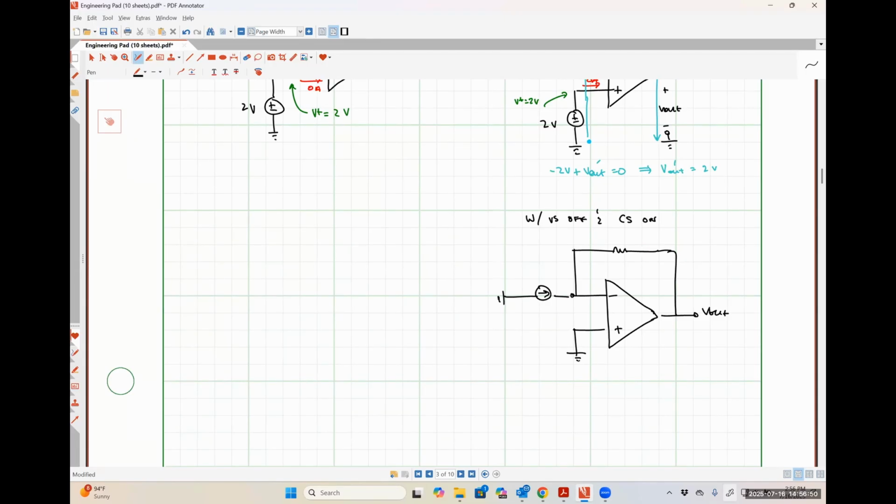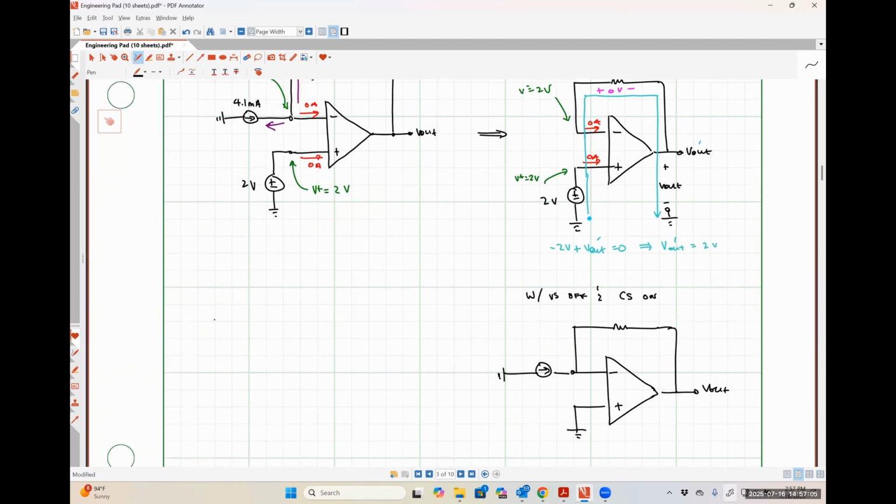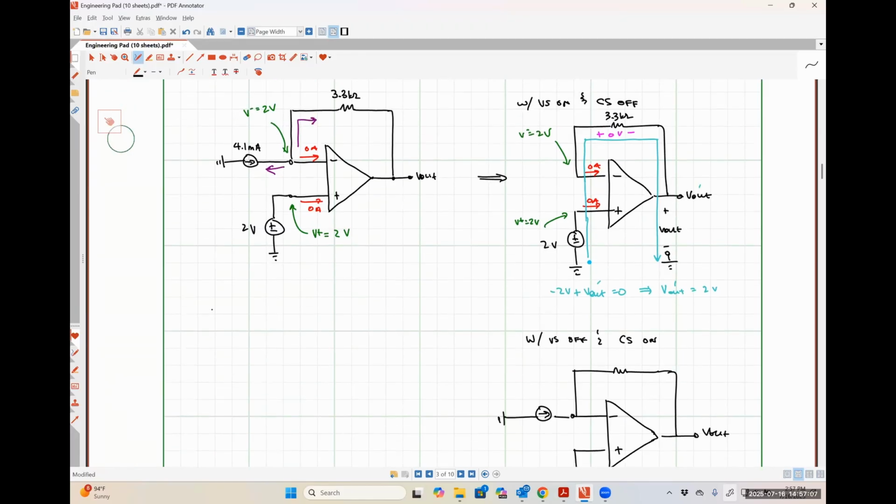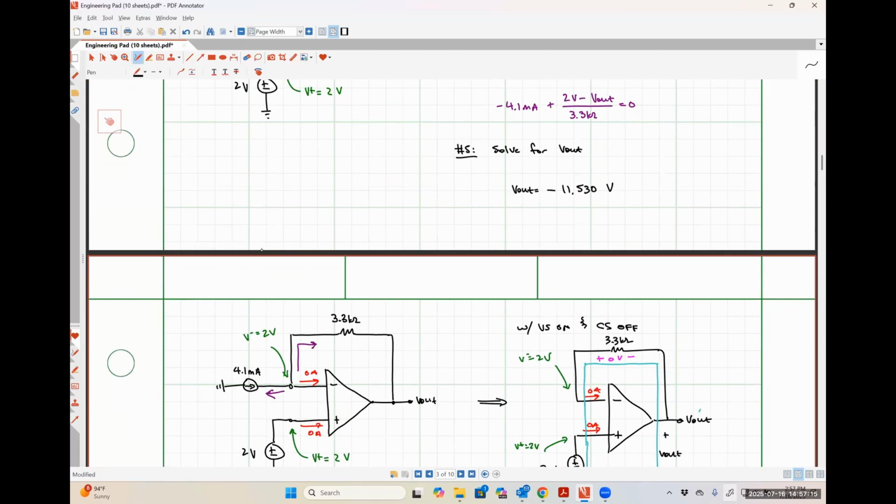I didn't bother writing the values here, but this is literally just the first example that we worked. And we found out that our output voltage was simply negative our current times our resistor. So if you do negative 4.1 milliamps times 3.3 kilo ohms, and then you add 2 volts to that, which is the contribution of the voltage source, you will get this result, okay? So it's just a different way of looking at things.